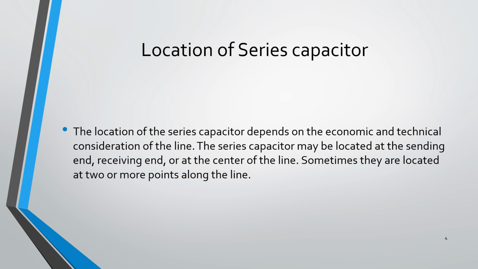The installation of the capacitor at the terminal provides the facility of maintenance, but the overvoltage appearing across the terminals of the capacitors under fault condition will overstress the capacitor, obviously. Whenever there is a fault, a huge current will flow through the transmission line, whether it's an open circuit fault or a short circuit fault.